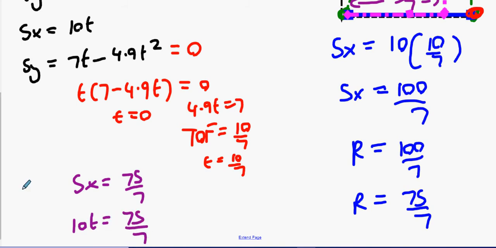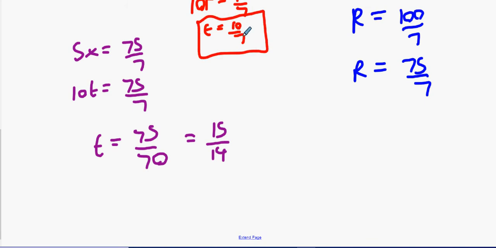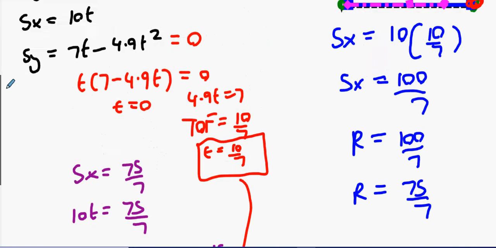And then just divide to get the time: 75 divided by 70, which is 15/14. Which is 3/4 of our time of flight. Time of flight was 10/7. 3/4 of our time of flight is 15/14. So I just proved it anyway, but it probably wasn't necessary.